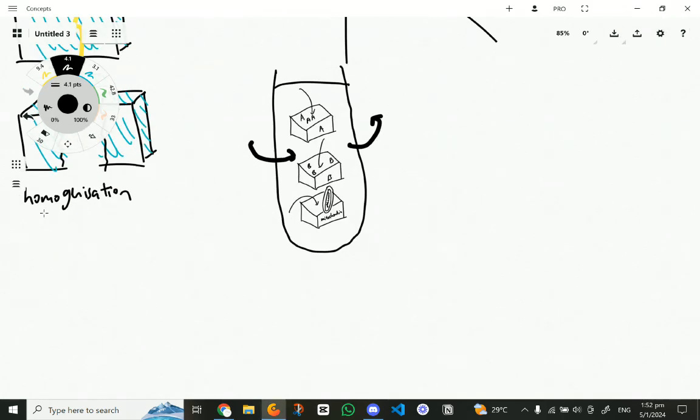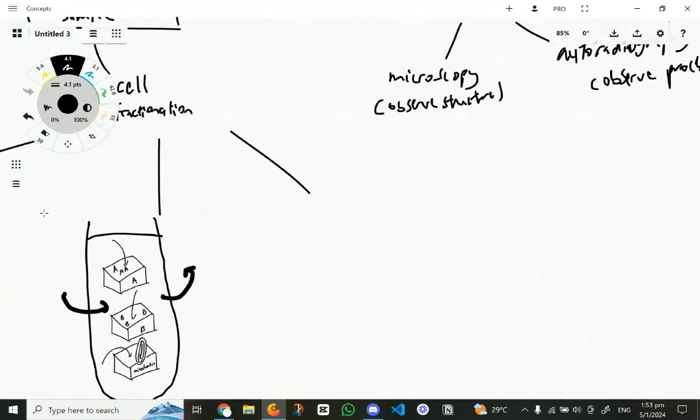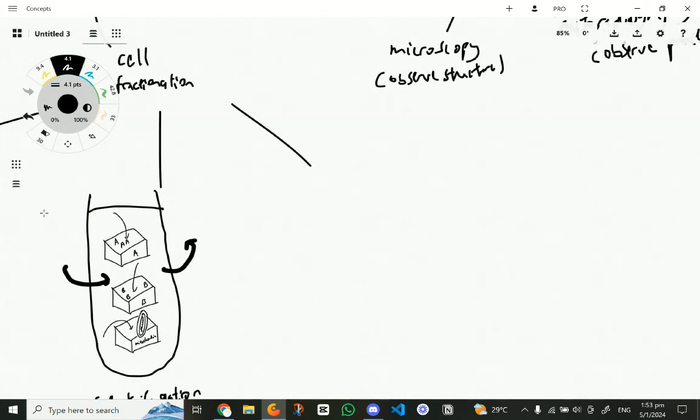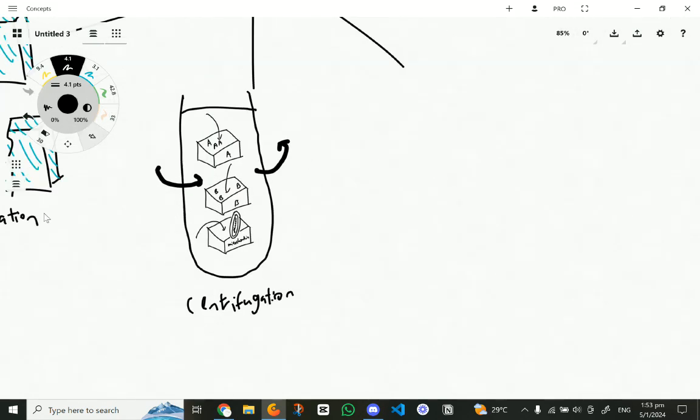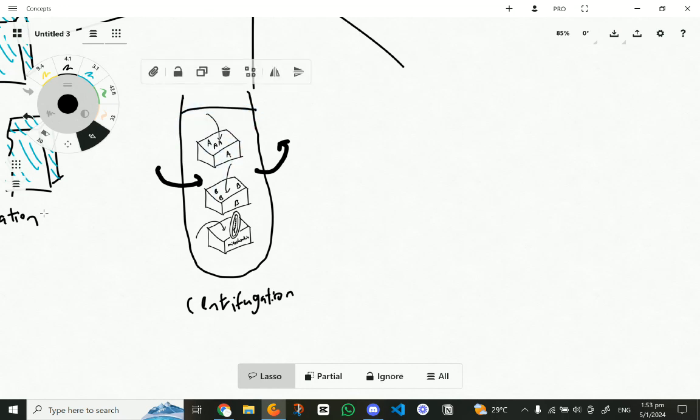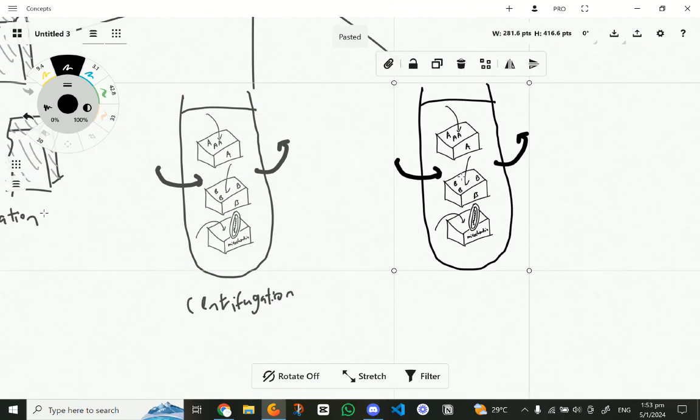And once again, keyword anchoring, so centrifuge. Ignore my spelling. And the last one is resuspension. What I realized is resuspension is to obtain the sample. So I'm just gonna copy this over.